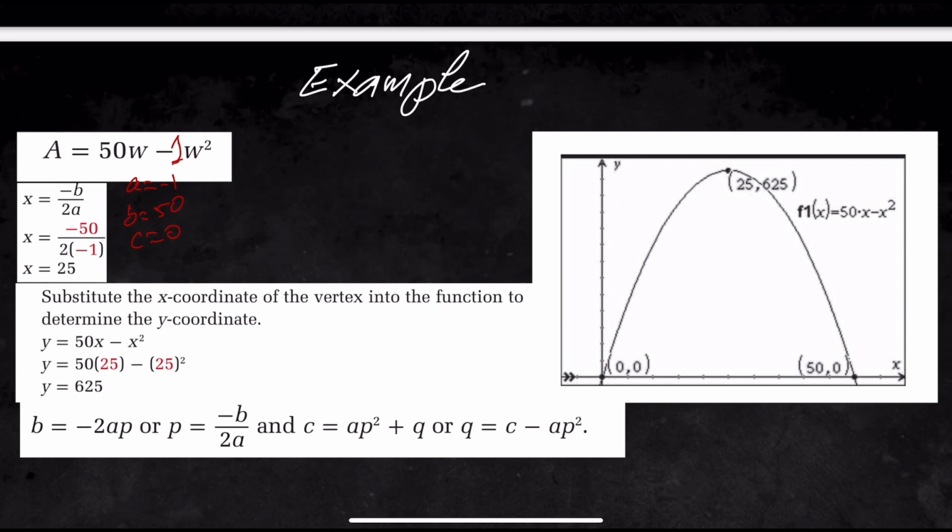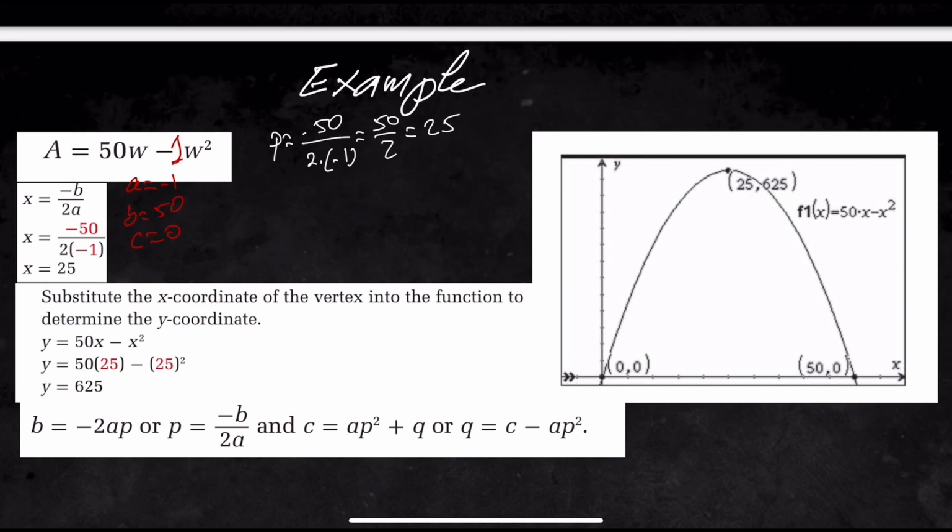Now I can write my p. My p is equal to minus b over 2a, which is minus 50 over 2 times minus 1, which is 50 over 2, which is 25. So this is my p.